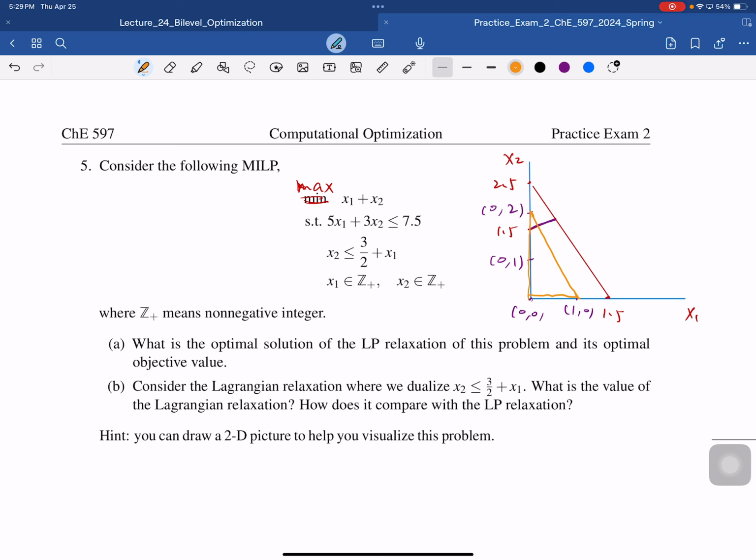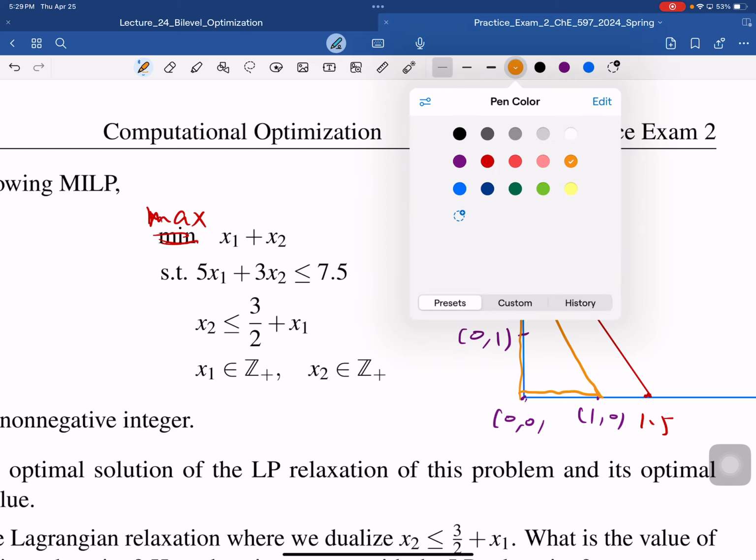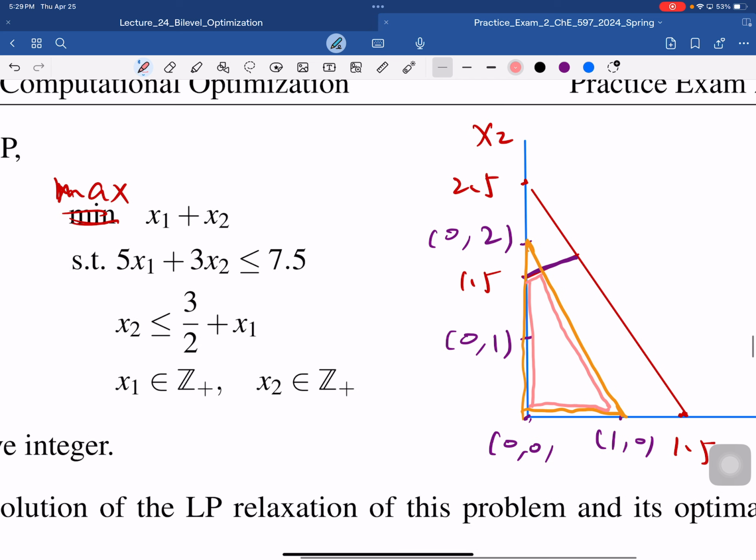So the feasible region of the primal characterization is this orange region intersected with the constraint we dualized. That will be this particular region here. I cannot draw it at the same time, but this pink region will be the region of the primal characterization.